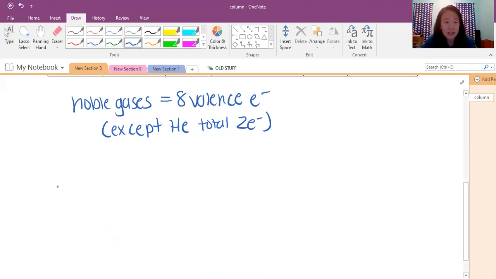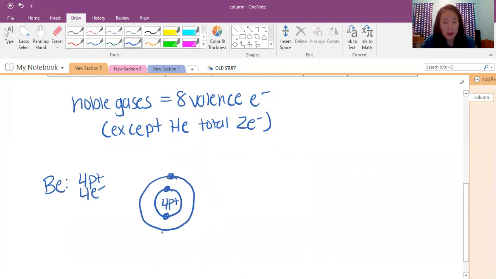But just to give you an idea about beryllium: beryllium has 4 protons and 4 electrons. This one's pretty easy to draw, so I'll help you visualize it. It has 1, 2, 3, 4, like this. So 4 electrons, 4 protons.